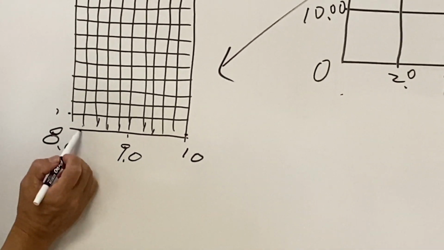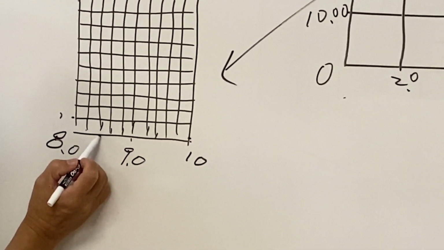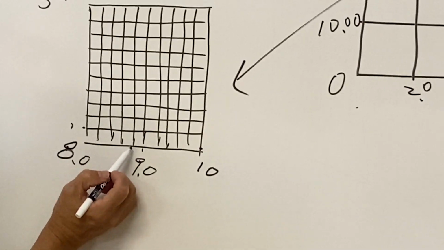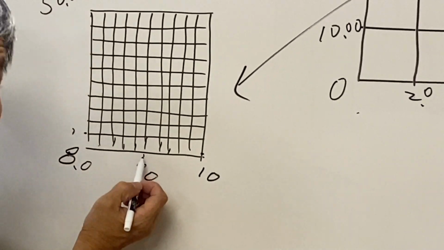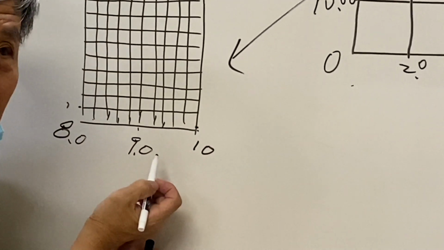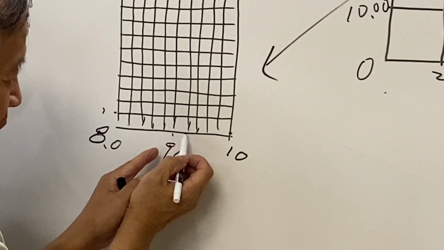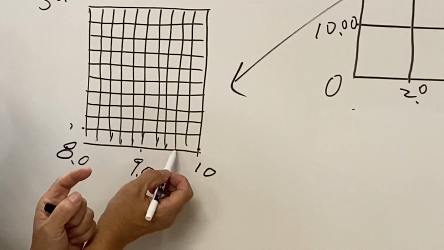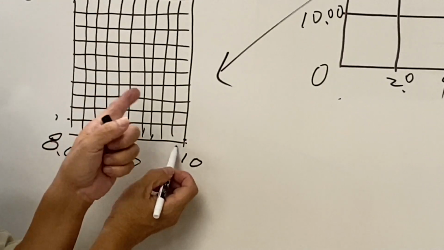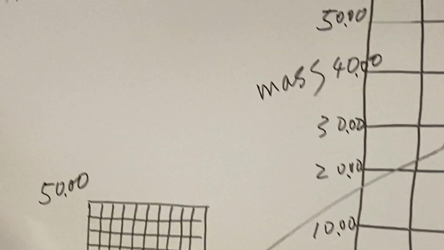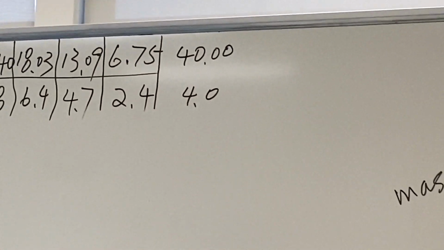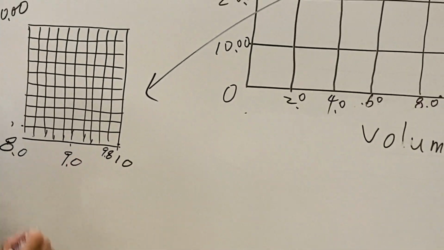So 8.2, 8.4, 8.6, 8.8, and then 9.0. Then 9.2, 9.4, 9.6, 9.8, which is our data point, and then right here will be 9.8.